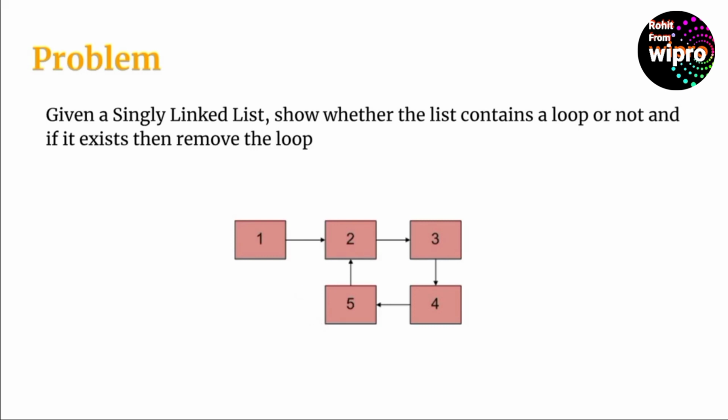In the first iteration, the next of slow, that is next of 1, is 2, and the next of fast, that is next of 5, is also 2. So the loop will not be entered. This node is fast, and we set its next field to null. We break the linkage from 5 to 2, and this will point to null now. Then we get a singly linked list without a loop, that is 1, 2, 3, 4, 5. Let's now jump on to the programming part and see how we can do it.